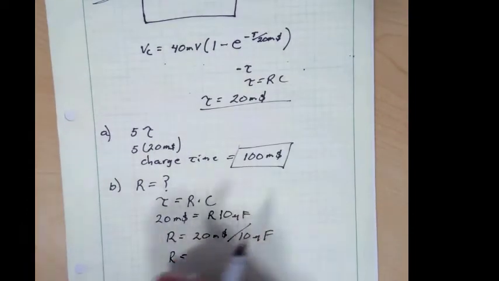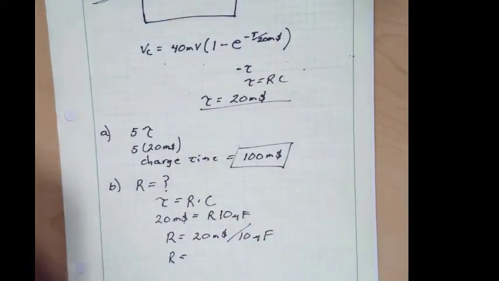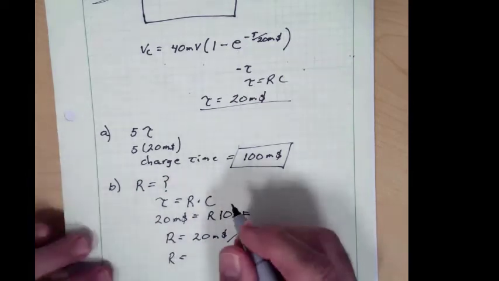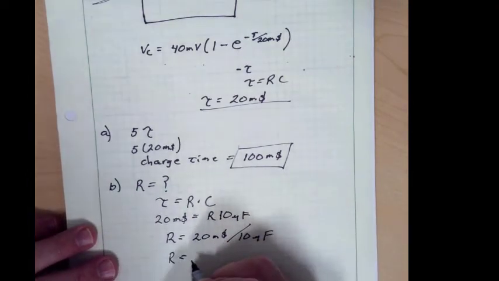Okay, that doesn't look too bad. So we bring up our calculator, or I do in a way. So we have 20 e to the minus 3 divided by 10 micro, and we get 2 kilohms.